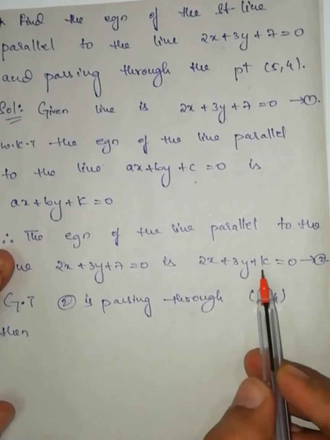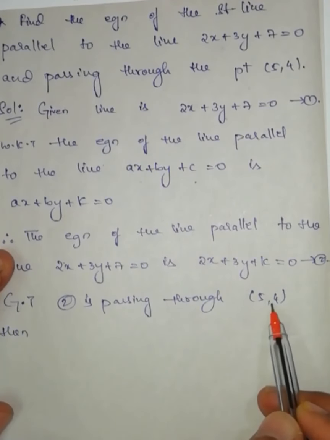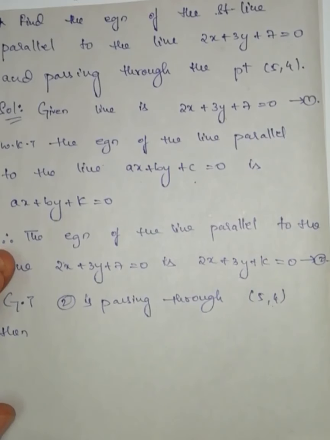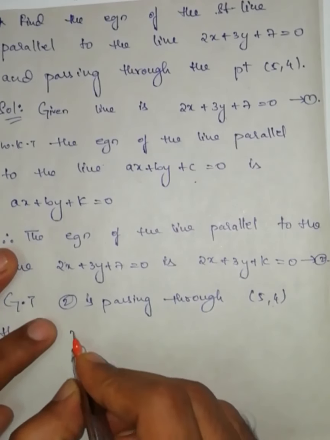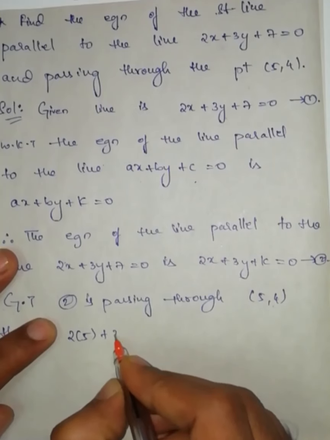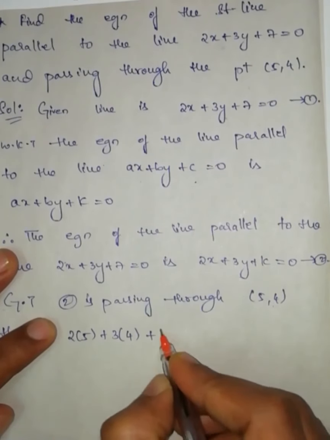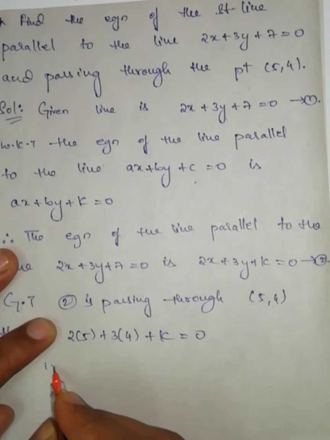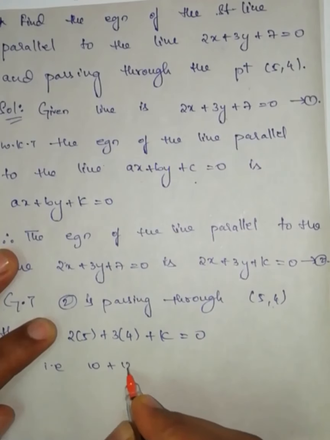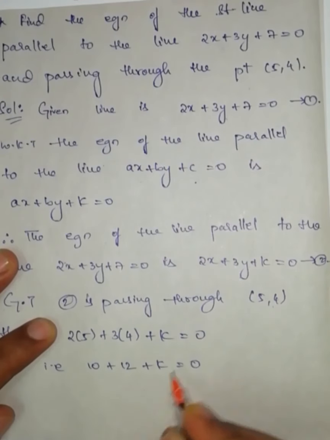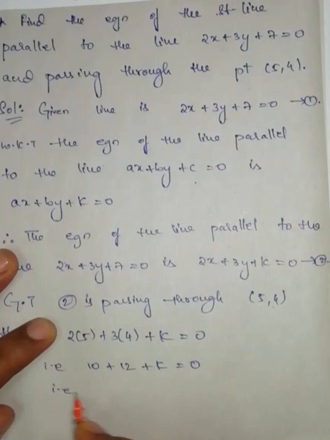If equation number 2 passes through (5, 4), then this point satisfies the given equation, that is 2 into 5 plus 3 into 4 plus k is equal to 0, that is 10 + 12 + k = 0, that is 22 + k = 0.